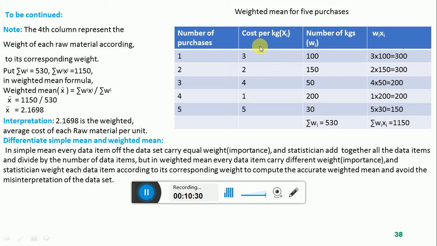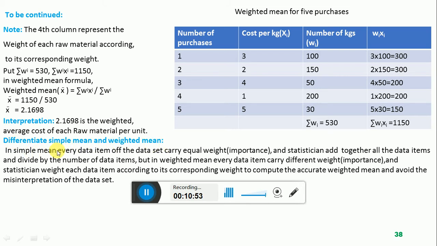In this type of example, every data item carries a different weight, different importance, so we cannot use a simple mean. The statistician has to use the weighted mean formula and compute the weighted average cost per kg. Now in the next section, we are going to differentiate the simple mean and the weighted mean.